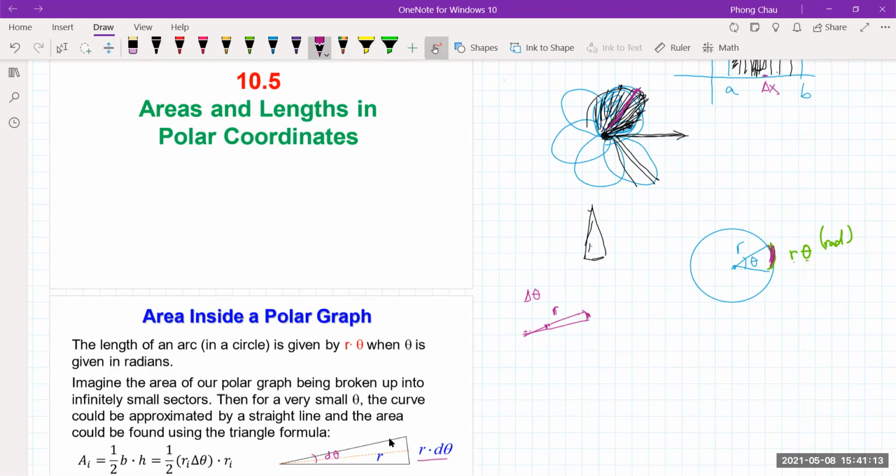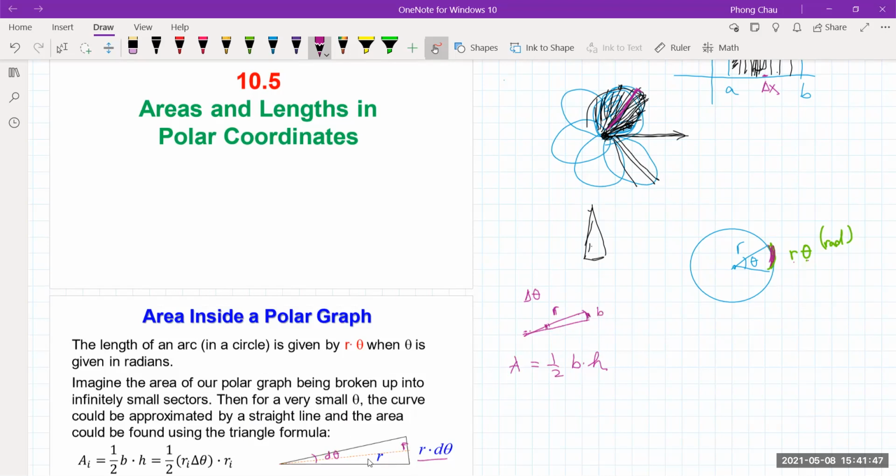The reason is that to calculate the area inside these sectors, we think of them as triangles. Because for a triangle we have the formula: the area is 1/2 base times height, right? If you drop the height here, this is the 90 degree angle, and this is your base.